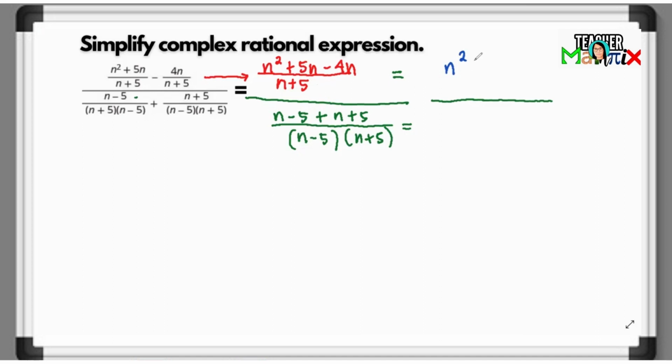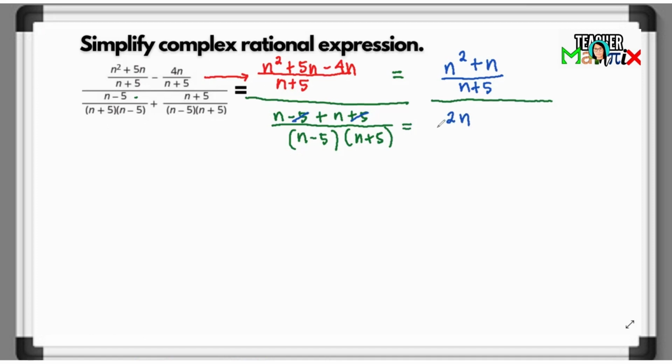Okay, so that's 1n, or just simply write n over, copy the existing denominator, n plus 5. Then for the next, n plus n, that's 2n. The negative 5 plus 5 eliminates because that's 0.